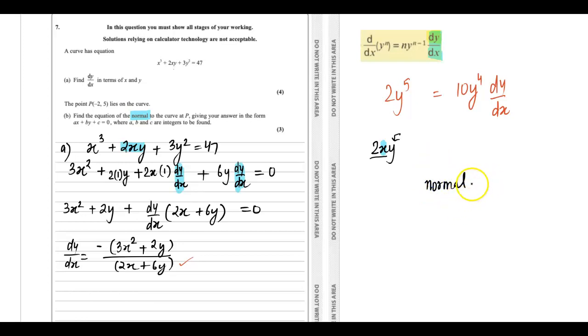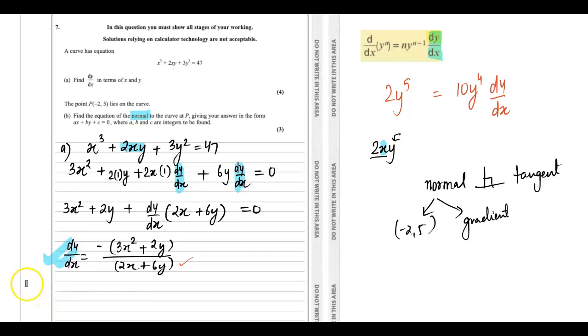Normal is perpendicular to the tangent, isn't it? For writing the normal, we need two things. We first need the coordinates, which we have, minus 2, 5, and the other thing is the gradient, right? So I think this dy by dx is going to be helping us find the gradient.